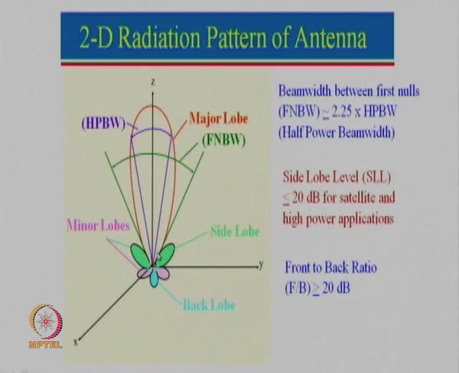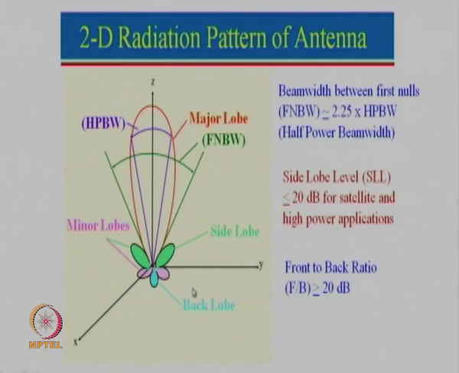If the side lobe was just 10 dB, 10 dB will be 1/10 of the power. So, 1 kilowatt is in this direction, that means 100 watt power will be transmitted in this direction, which is not desirable. So, 20 dB would mean 1 by 100. So, if it is 1 kilowatt, this is still 10 watt.